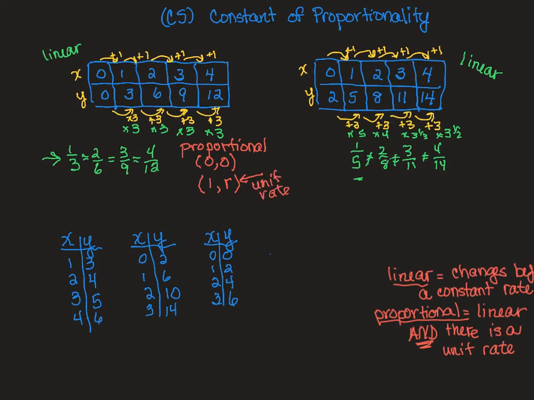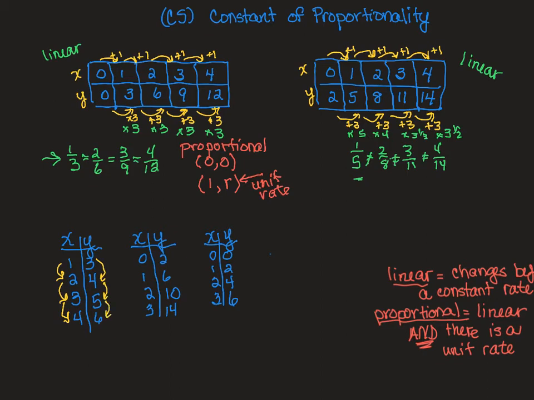So we're going to practice this more in class, but I want you to get this straight. To be clear, I'm going to say it one more time. A relationship can be linear and not be proportional. Okay? So let's look at these practice problems down here. First of all, is it linear? As x goes up by 1, does y go up by the same amount?